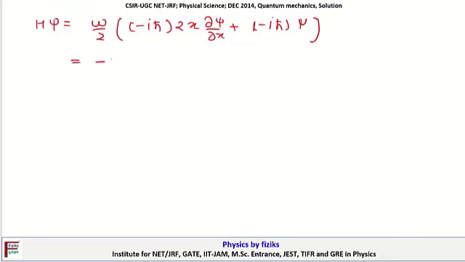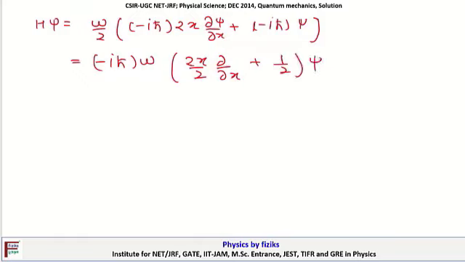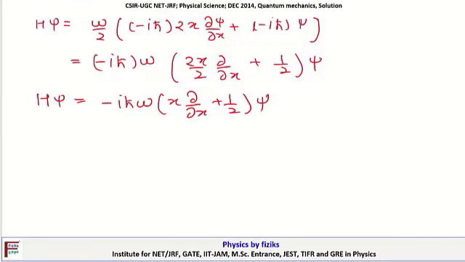So we can take minus i h cross omega outside and take x del by del x plus 1 by 2 psi.